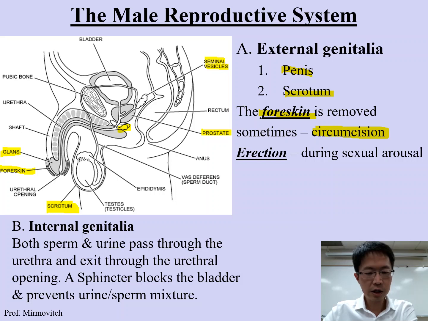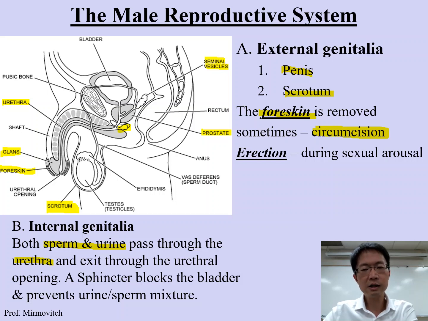Okay, internal genitalia. Sperm and urine pass through the same urethra. Some of you may find it disgusting, but the truth is that the urine we produce in our body is actually sterile, because it is the filtrate from our blood.